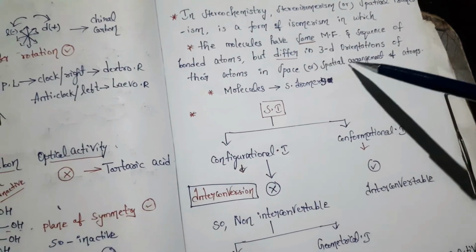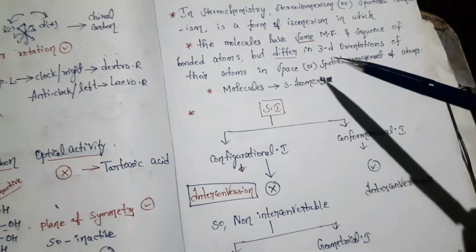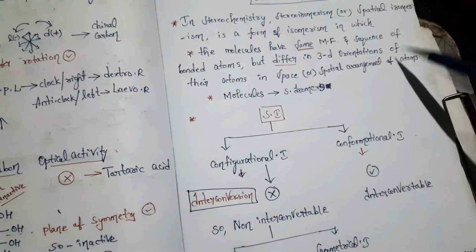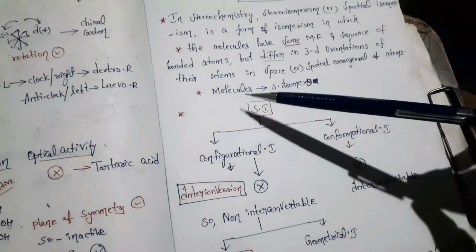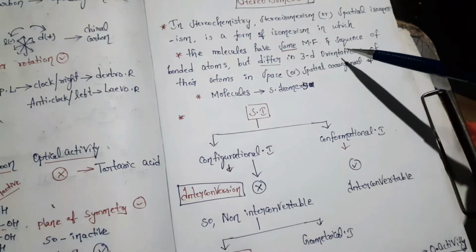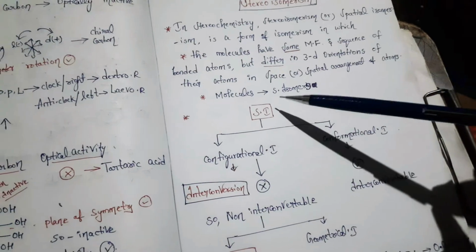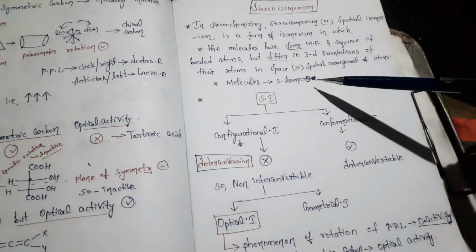This refers to the atoms in space, meaning they differ in spatial arrangement of the atoms. So the molecules which show differences in three-dimensional orientations are called stereoisomers, and this phenomenon is called stereoisomerism.